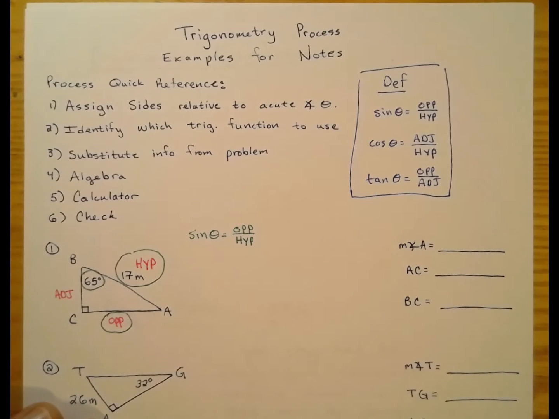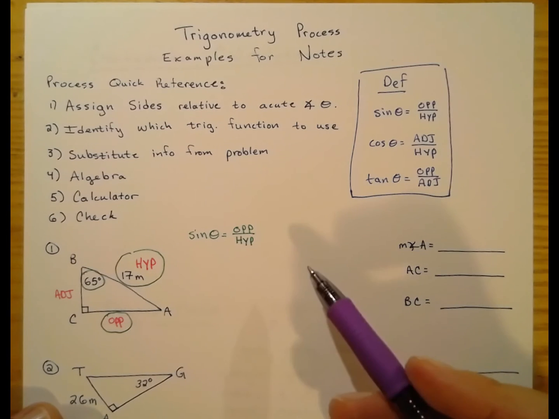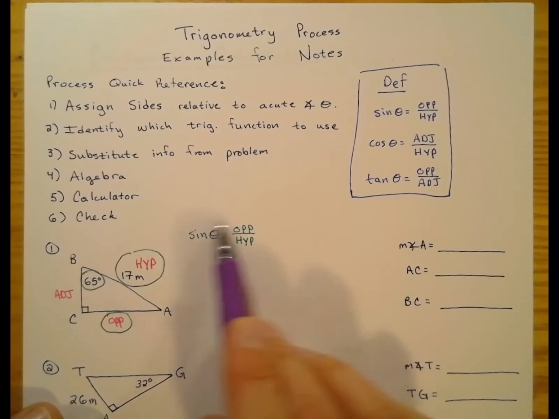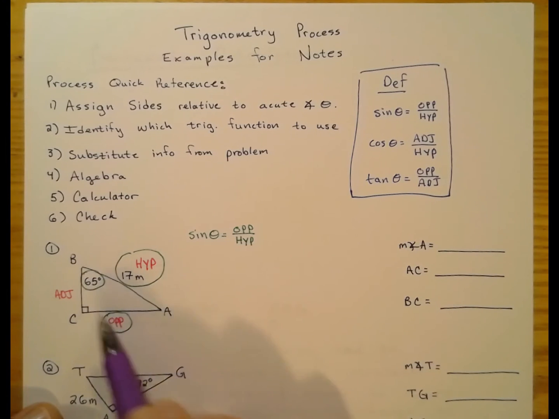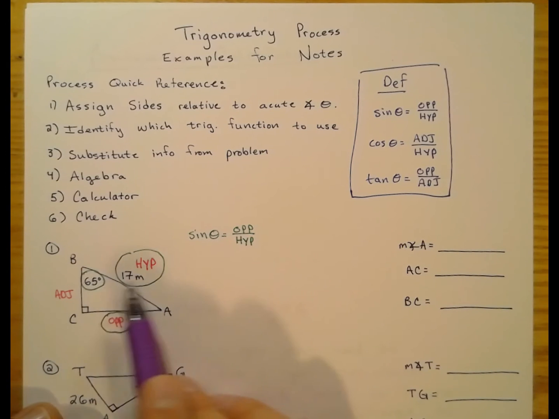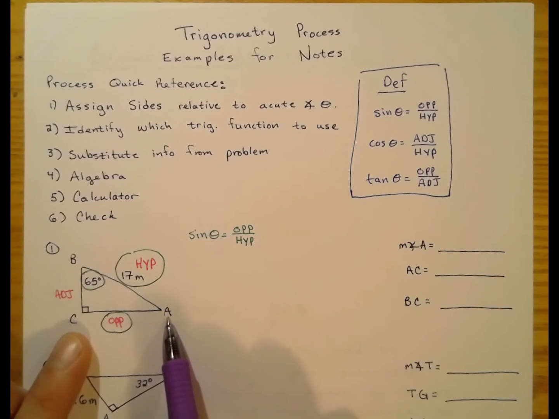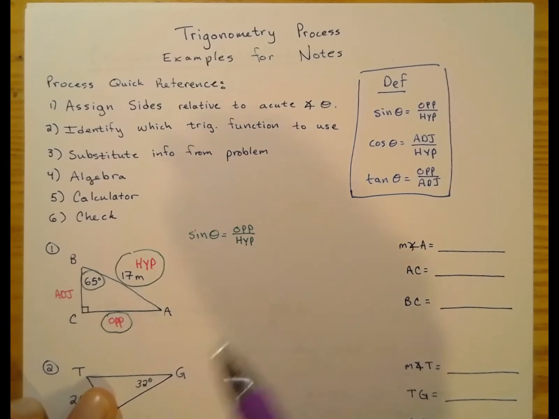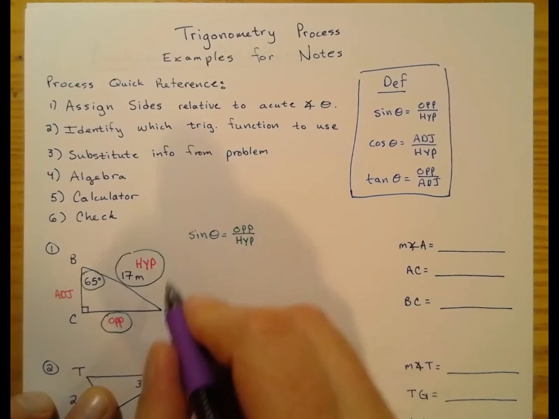Now step 3. Once we figure out which trig function to use, we're going to substitute these 3 bits of information into the problem. 2 of them are going to be numbers, acute angle theta and 1 of the side lengths, and 1 is going to be an object. I'll call this AC, the side that we're missing.